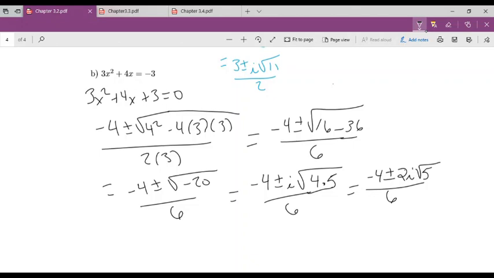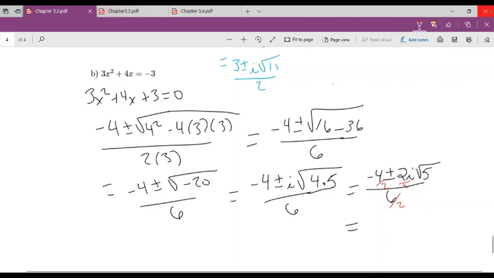Now they're going to want you to take this and simplify it just one more time at least. And essentially they're going to want you to see that you could pull out a 2 here or cancel out a 2. So I can cancel a 2 out of this 6, I can cancel a 2 out of this 4, and I can cancel a 2 out of this 2i square root 5.